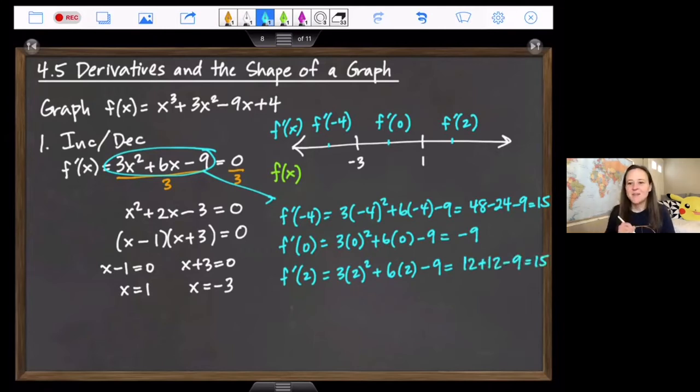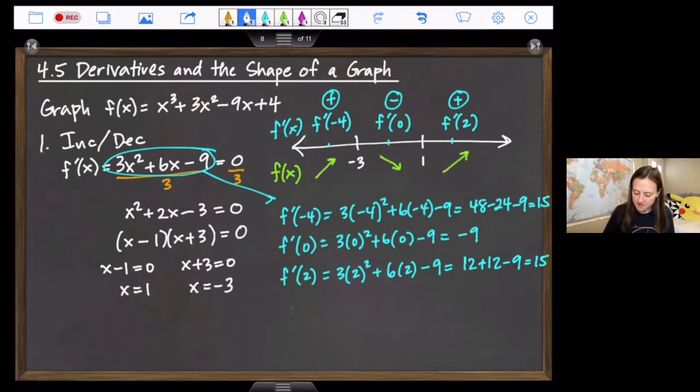All right, so that gave me something positive in this region, negative in the middle region, and positive in the right-hand region. So again, we're making statements about f of x. This is the first derivative, so this is going to tell us increasing and decreasing. So we're increasing, and then we're decreasing in the middle, increasing on the end.